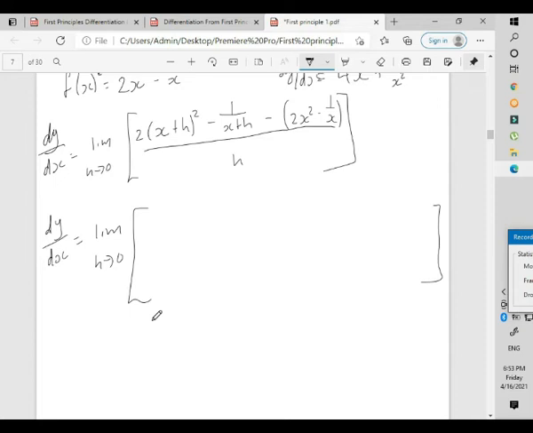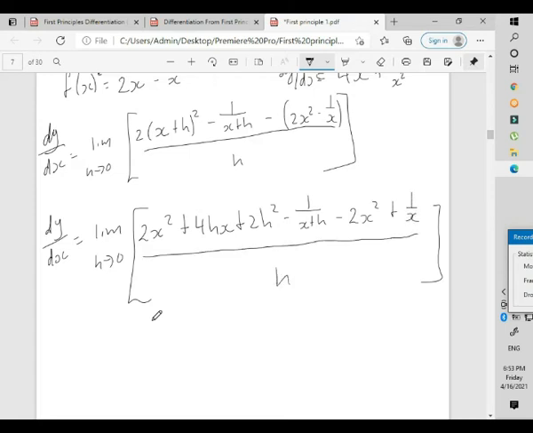Alright, so I'll just go ahead and write this out. I'm not going to expand because I know what it's going to be. So this is going to give me 2x squared plus 4hx plus 2h squared minus 1 over x plus h, minus 2x squared plus 1 over x. This is all being divided by h.